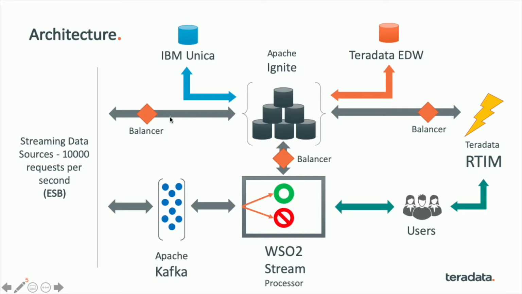We have some balancers on this side, before Apache Ignite and before Teradata, our team. Before Apache Ignite, we have a balancer with round robin topology. Before Teradata, our team, we have a least connection topology. Teradata, our team and Apache Ignite are clusters. Apache Ignite has around 17 servers. Teradata, our team, around 10 servers.